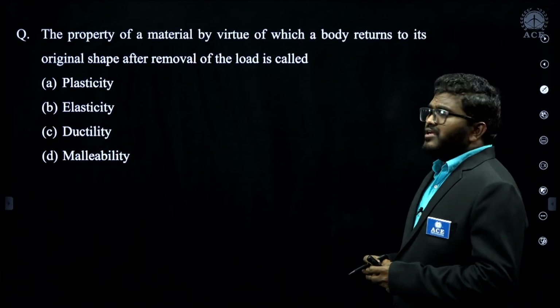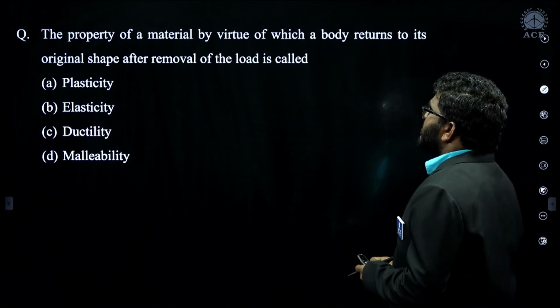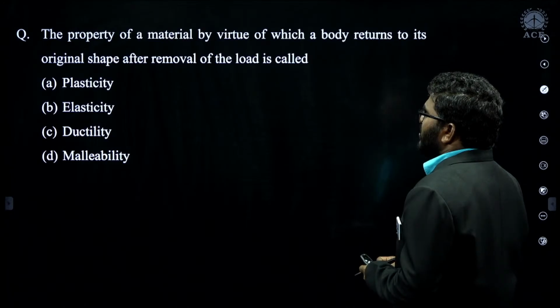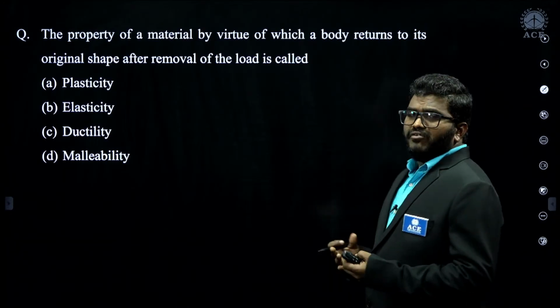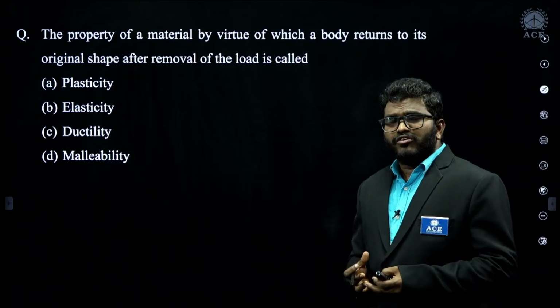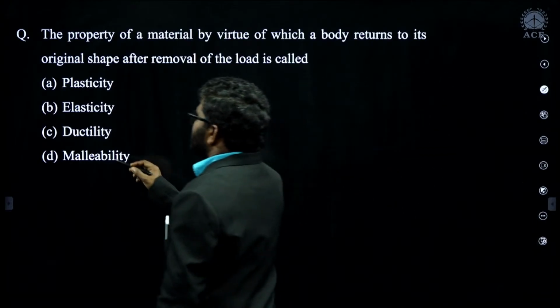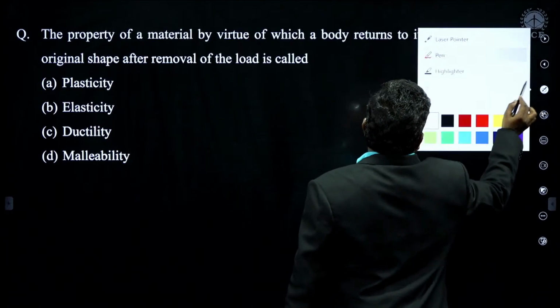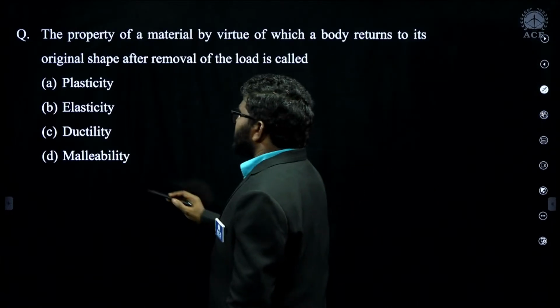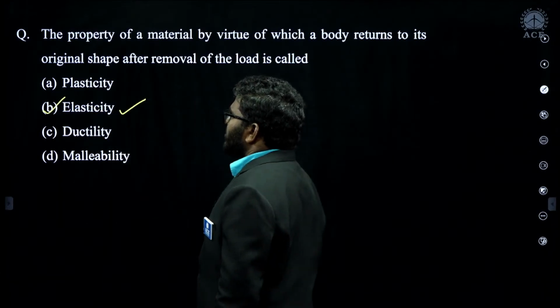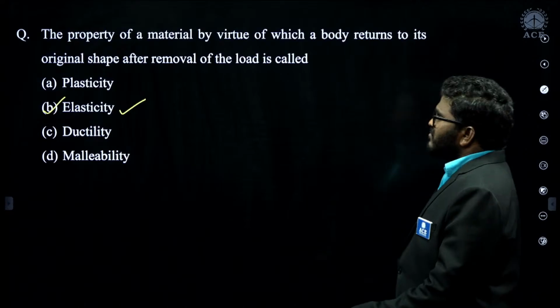Now, see here, the property of a material by virtue of which a body returns to its original shape after removal of the load. Very simple: if a material reaches its original state after removing the load, we call it elasticity. In case a material will not regain its shape, we call it plasticity.